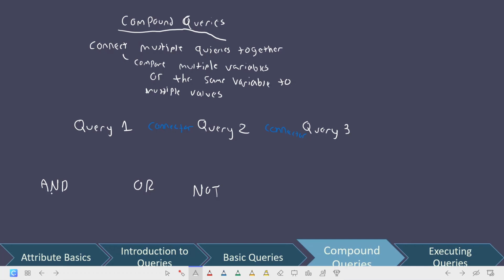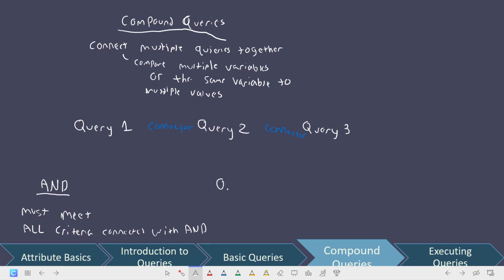So the word and means that you have to meet all of the criteria connected with and. I'm going to move these over a little bit, give us a little bit of room here.